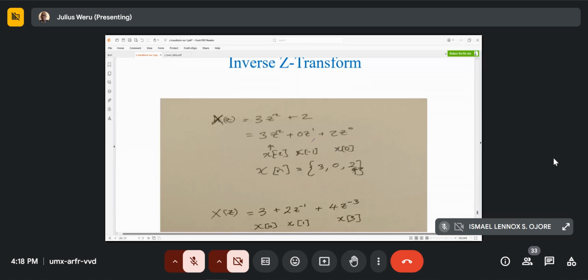So this is simply 3, 0, 2, and this is the 0th sample. When you see this, it simply means z to the power of 0, so that is a 0th sample. So this is straightforward where you're given something like this. That is your x of n.